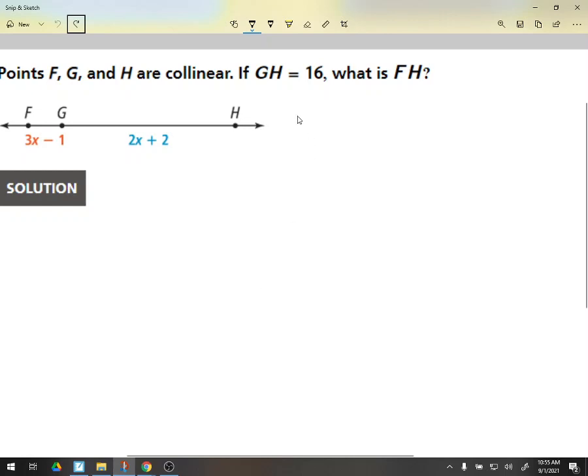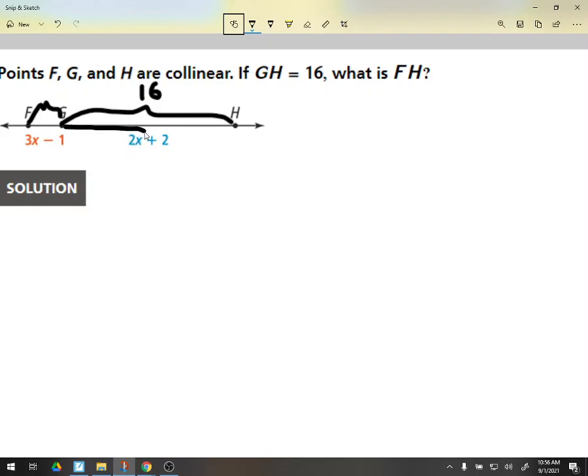If GH equals 16, what is FH? Well, I know that this is 16. So one way for us to think about this is that this is 16 and this is something else, and we don't know what it is. But 16 and 2x plus 2 are talking about the same line segment.